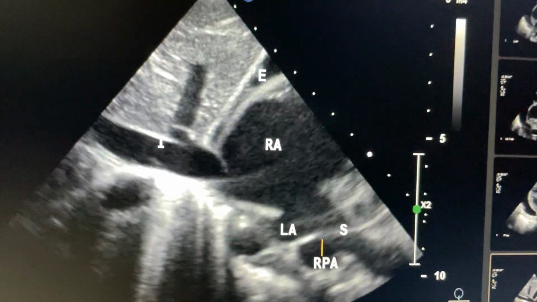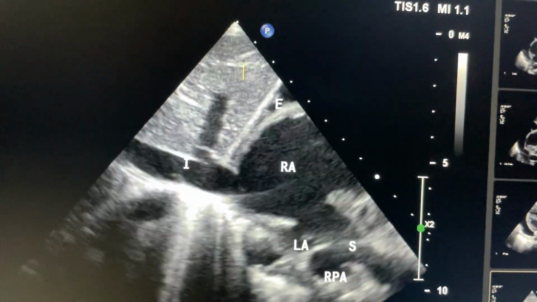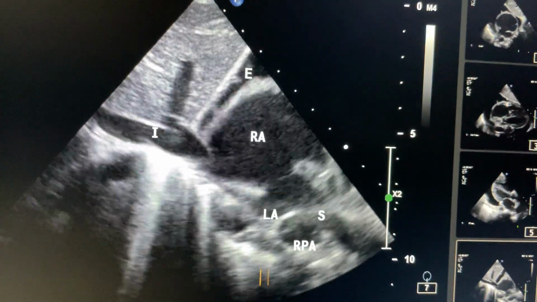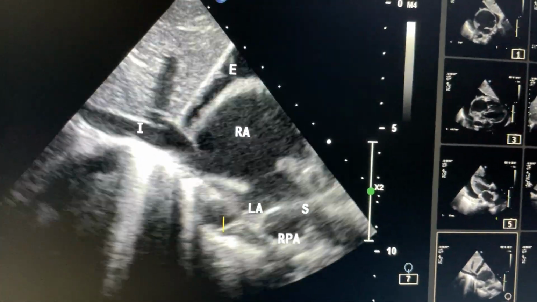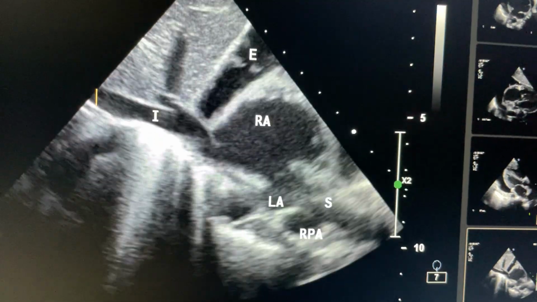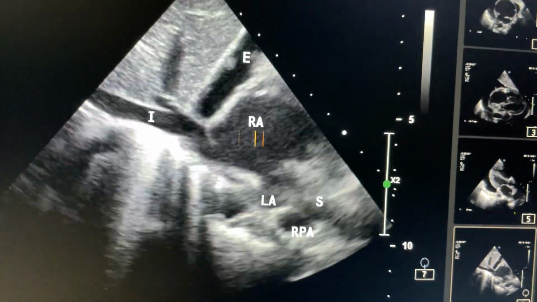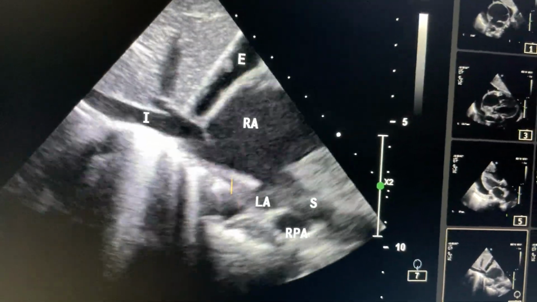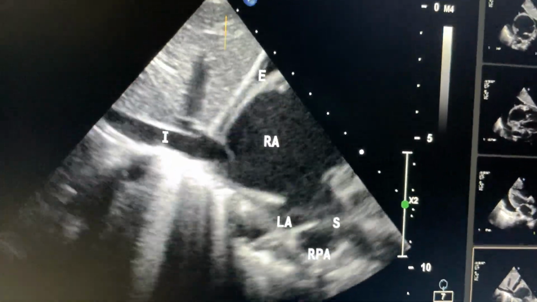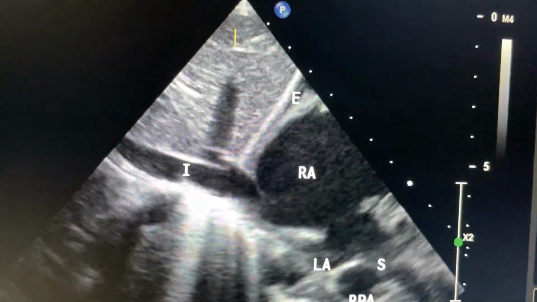Image wise, this uppermost part of the skin is the most inferior part. You see the most anterior part, and this is IVC. This is the most inferior part, this is the most superior part, this is the anterior part, and this is the posterior part. Simply, I will write it like this.